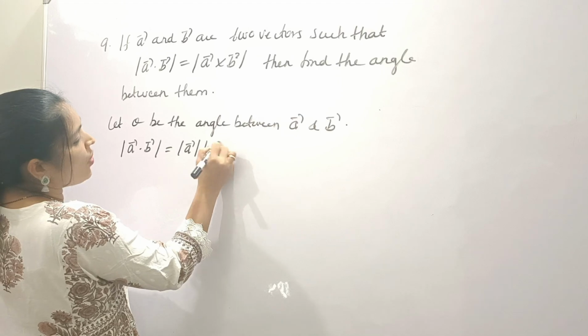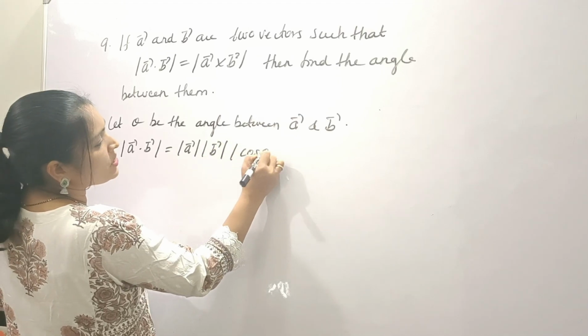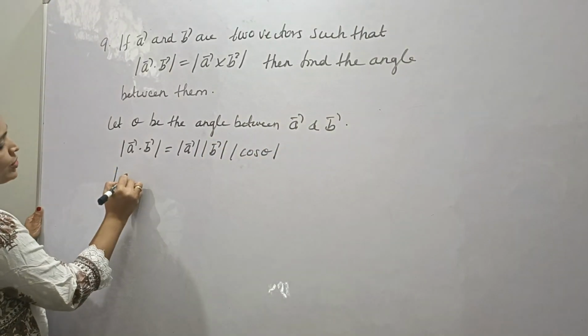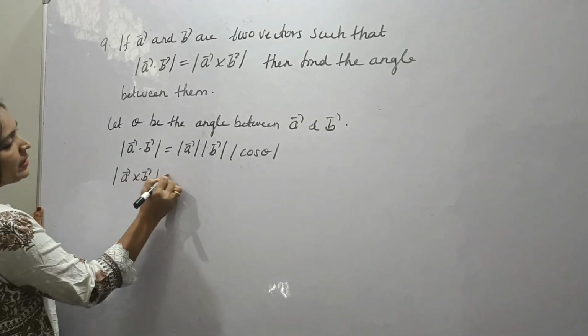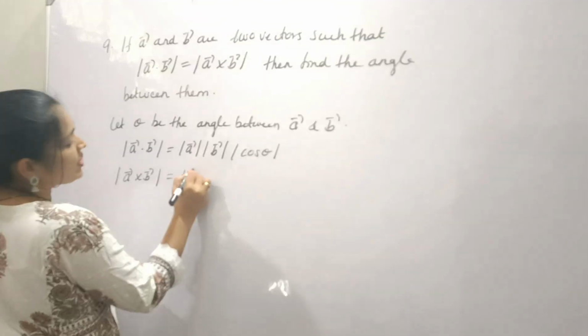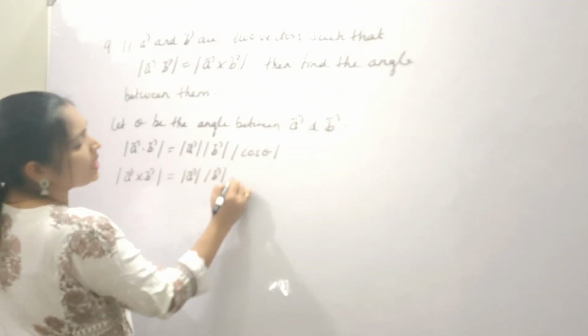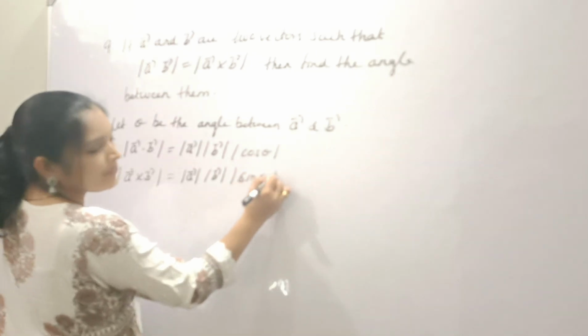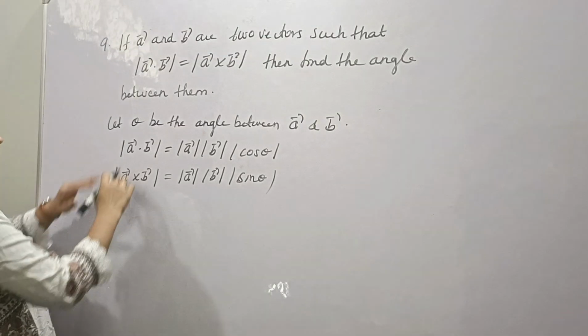So here we have formula modulus of vector A dot vector B is equal to modulus of vector A into modulus of vector B into modulus of cos theta, right? And modulus of vector A cross vector B is equal to modulus of vector A modulus of vector B modulus of sin theta, right? Okay, so equate this.